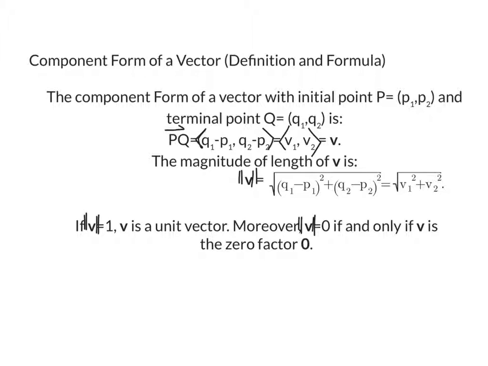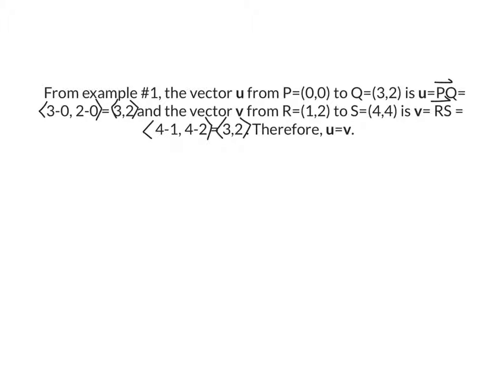So let's apply this and see. From example 1, the vector u, where the point P was (0, 0) and Q was (3, 2), is the directed line segment PQ, and those were 3 minus 0 and 2 minus 0, therefore the vector was ⟨3, 2⟩.